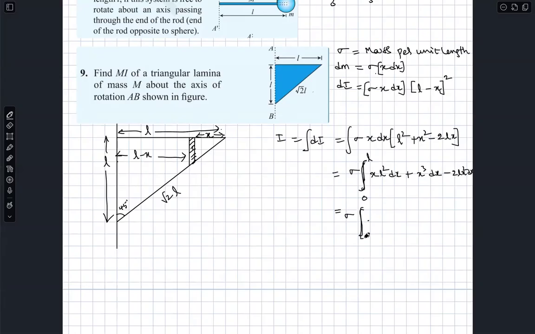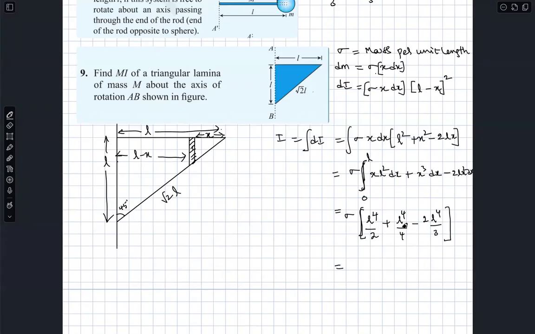You will get the first part as L power 4 by 2, L power 4 by 4 minus 2L power 4 by 3.